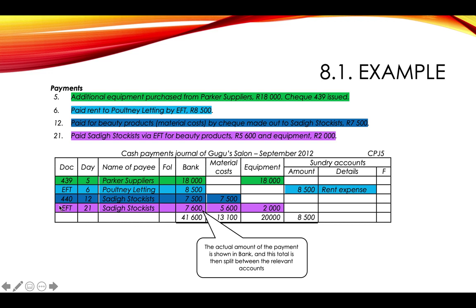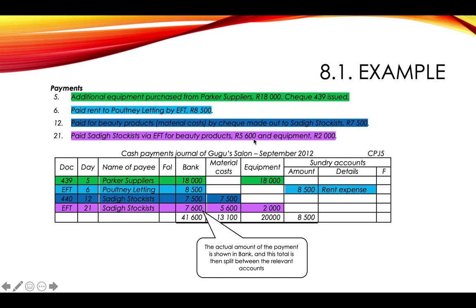On the 21st, you paid them via EFT for beauty products. So you can see my source document is now an EFT. If I was using a numbering system, I would just use the next number after the one on the 6th. I put my day, the 21st, the name of the other party involved, SADC stockists. 7,600 will need to go into bank because that is the total amount that I spent.